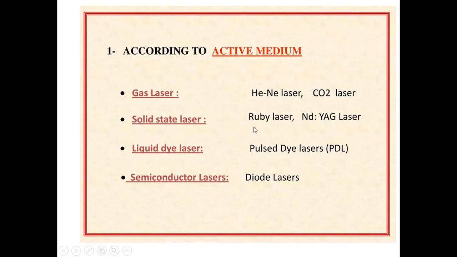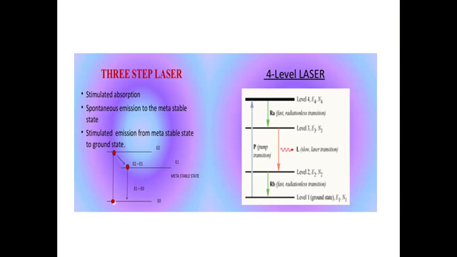Again we are going to see the ruby laser in our lectures. Another example is the Nd-YAG laser. Liquid lasers are the dye lasers, in the form of dyes. Pulse dye lasers generally emit light in the form of pulses, so they are called pulse lasers. Semiconductor lasers are called diode lasers.